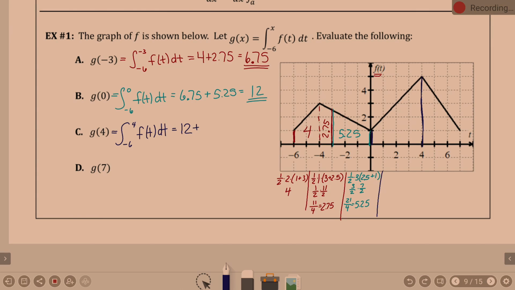Okay, trapezoid. 1/2, a height of 4 between the bases. Bases of 1 and 5? Yeah. So half of 4 is 2 times 6. 12. So 12 plus 12 is 24?